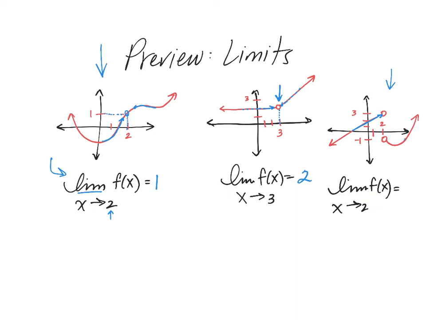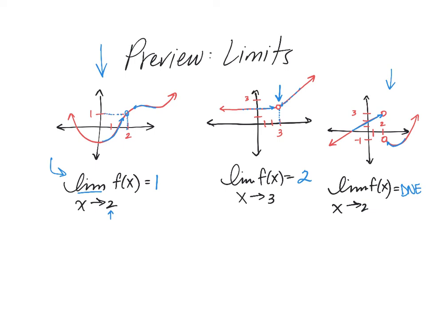As we approach 2 from the right, we would expect the y value to be -1. Now notice those two things don't match. And so since it's not predicting the same thing from both sides, we would say the limit does not exist.